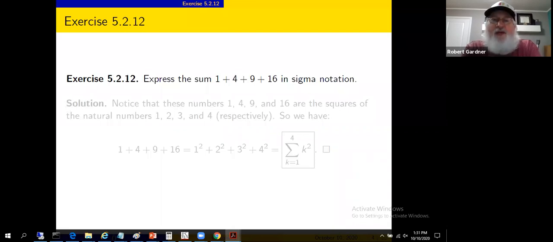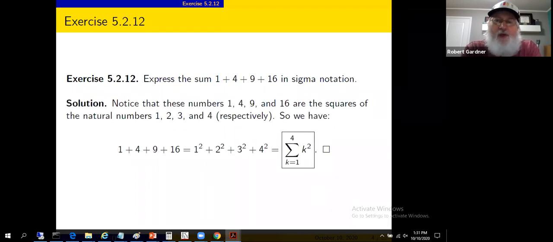Let's do it in the other direction. Express the sum 1 plus 4 plus 9 plus 16 in sigma notation. Okay, well, we need a formula or function that produces 1, 4, 9, and 16 using consecutive integers. Well, 1, 4, 9, and 16, those are the squares of the natural numbers 1, 2, 3, and 4 in order.